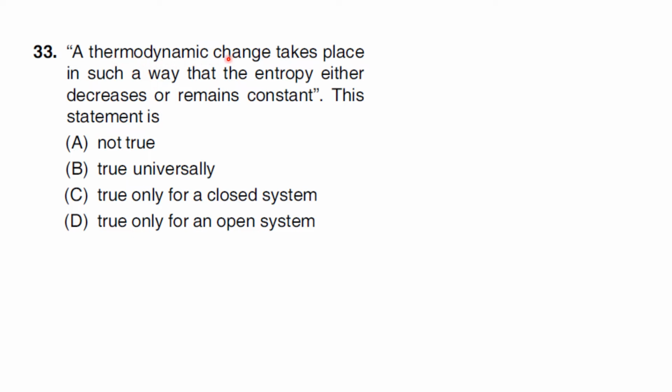A thermodynamic change takes place in such a way that the entropy either decreases or remains constant. This statement is false. Entropy S is defined as dq by T, where dq is the increment in heat energy supplied to the system and T is temperature.